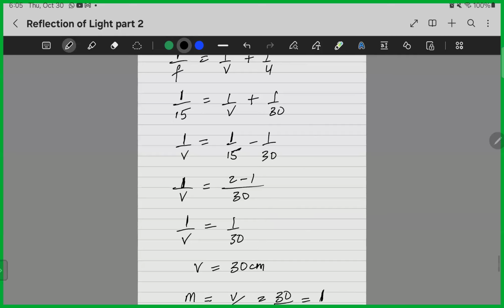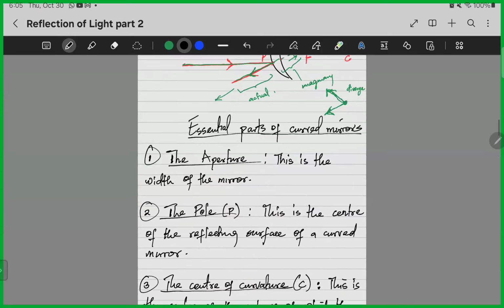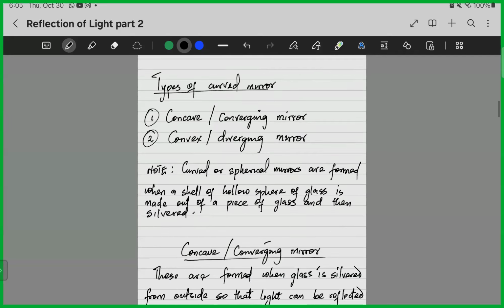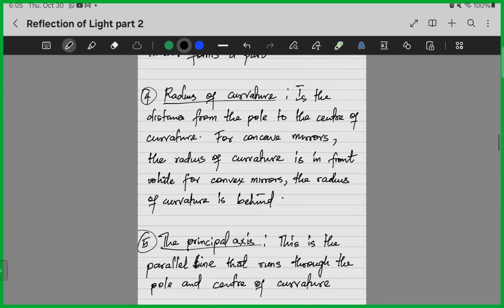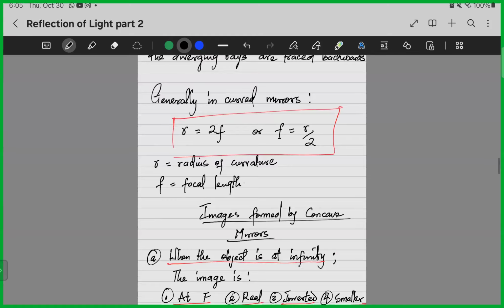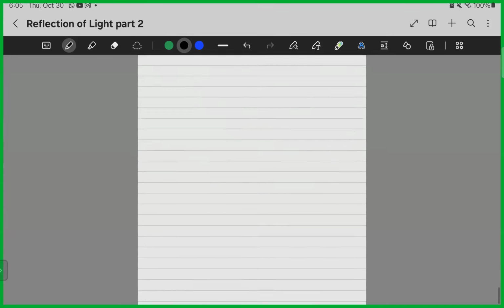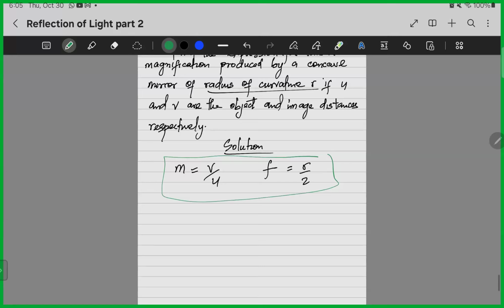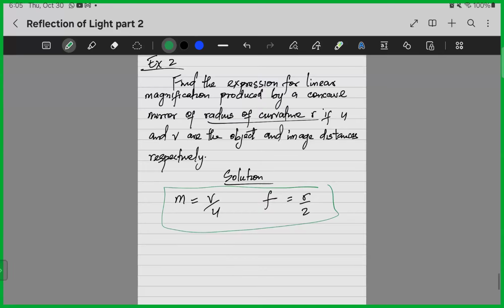Up above, we wrote that expression, F equals R over 2. So just keep these two in mind, but magnification is always V over U. Sorry about the structure of the question, but at least I was able to remind you of this.